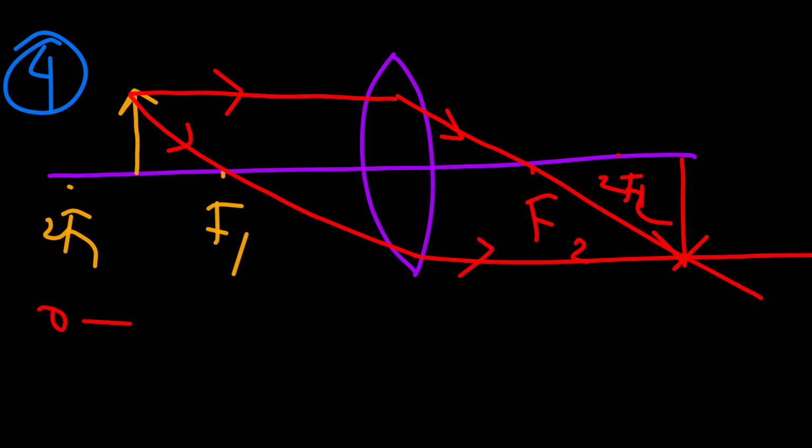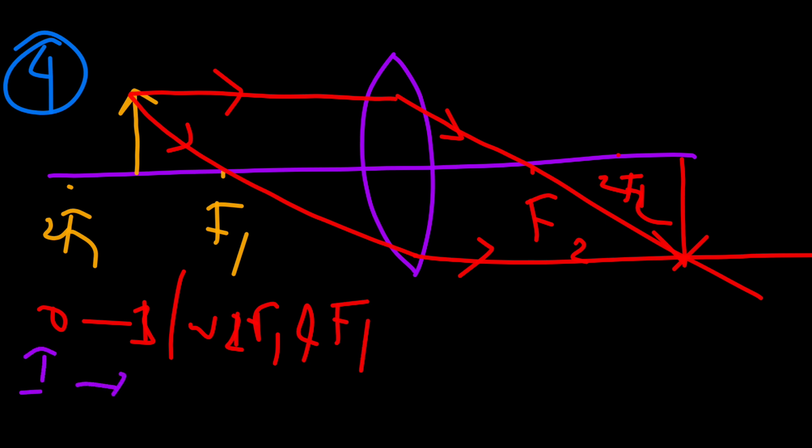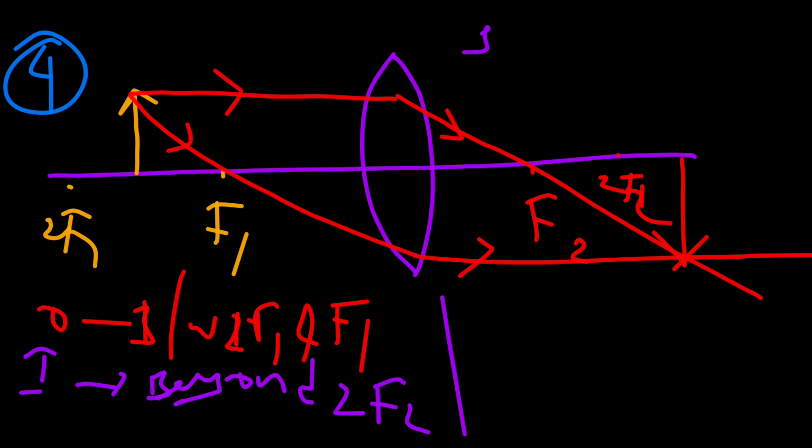Let's see here. Where is the object? The object is in between 2F1 and F1. And what about the image? The image is beyond 2F2. What about the size?